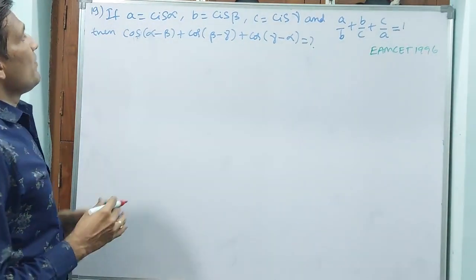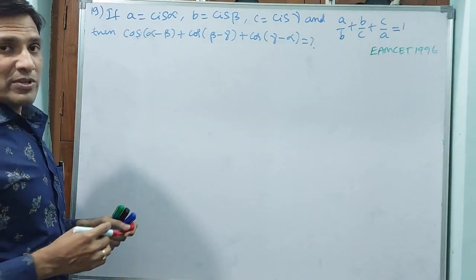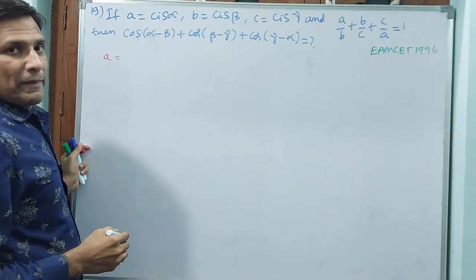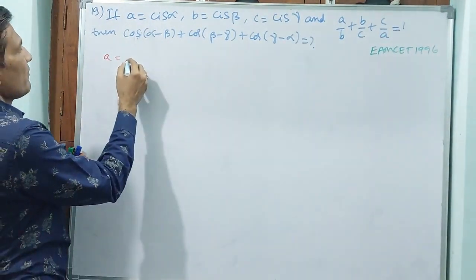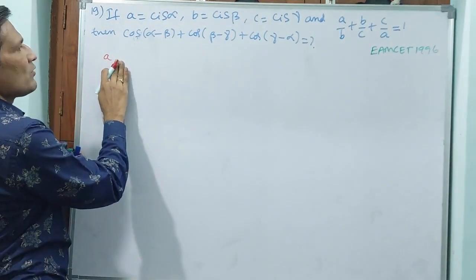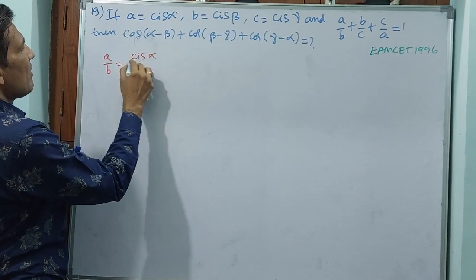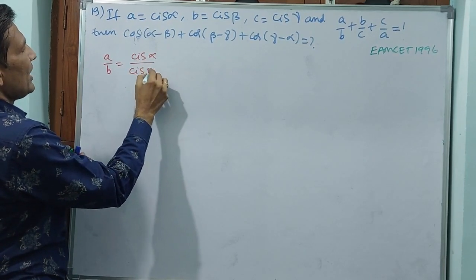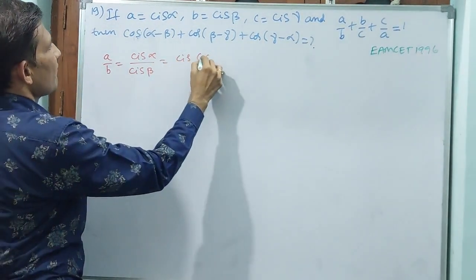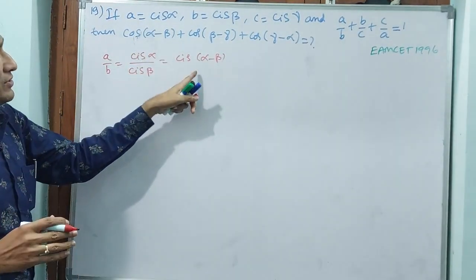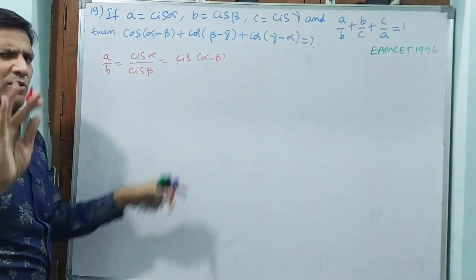As usual, A is CIS alpha. A by B is equal to CIS alpha by CIS beta, that is equal to CIS alpha minus beta. Is it okay? In CIS only the real part is this one, we will see afterwards.